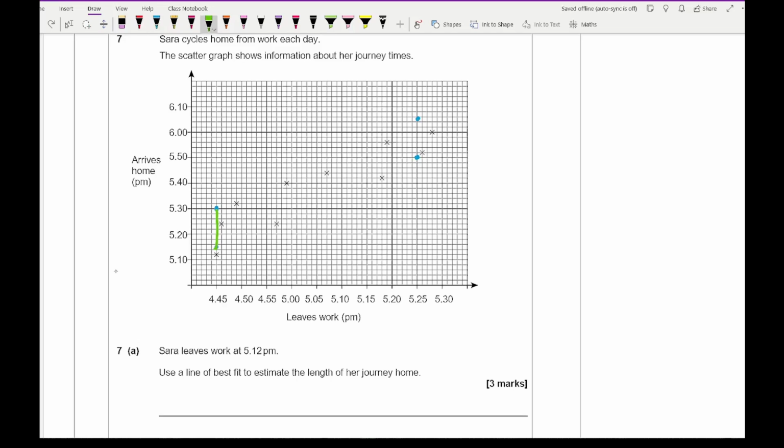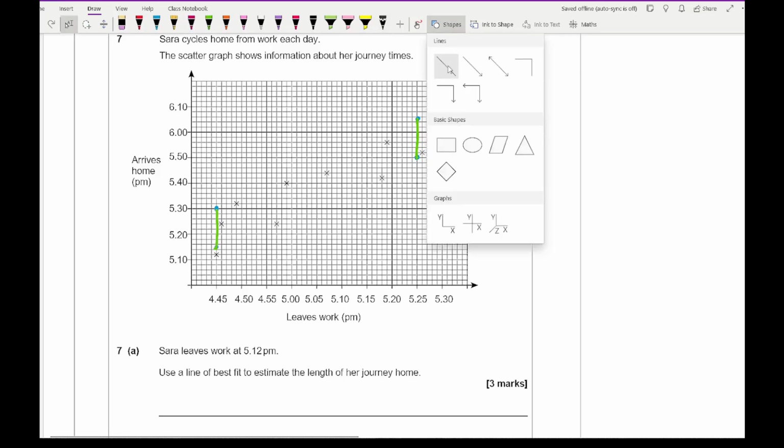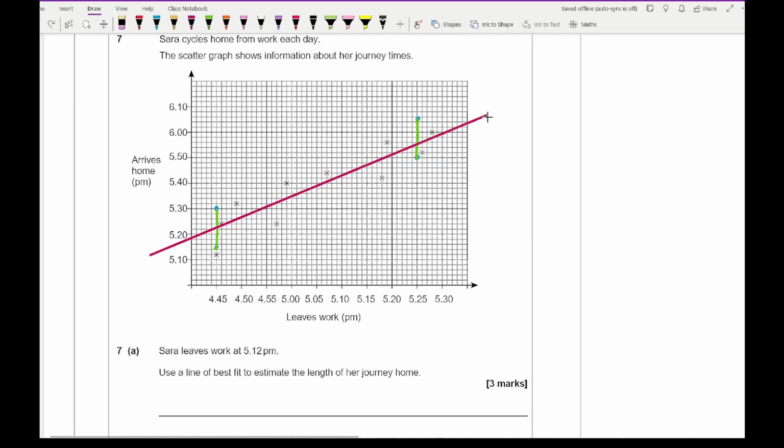So your line of best fit needs to go somewhere, a straight line through those 2 green lines. So if I then just have an attempt at doing something that would be acceptable, yeah, I'd say there, it's not too bad, we'll go for that.